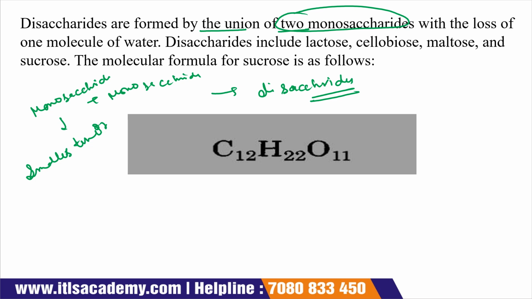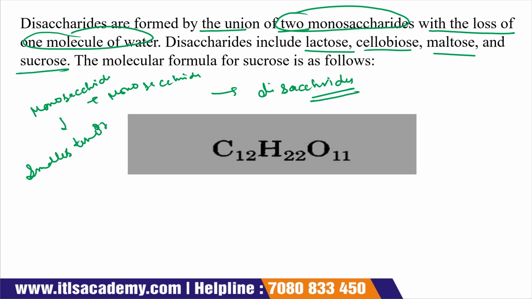And when these two monosaccharides are combined together to form a disaccharide, then in that case there is a loss of one molecule of water. Examples of disaccharides are lactose, cellulose, maltose, and sucrose.